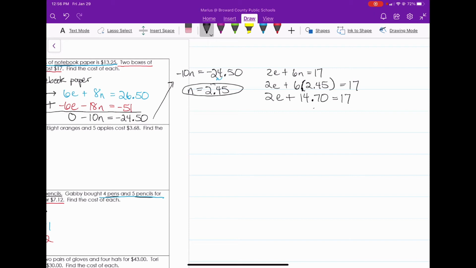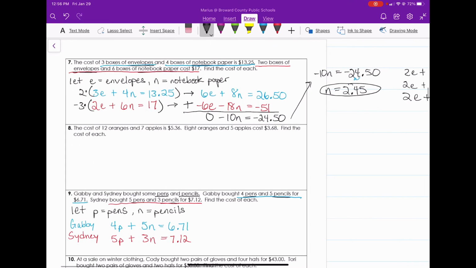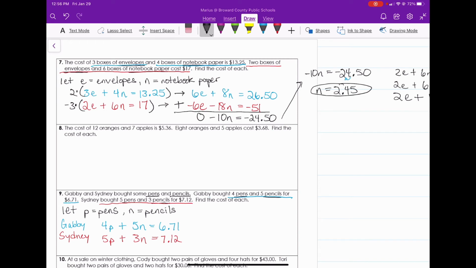So we really have 2e equals 2.30. And we divide that by 2. Divide both sides by 2. And e is going to equal 1.15. So let's go back to our problem. We said e represented envelopes and n represents notebooks. And we were finding the cost.